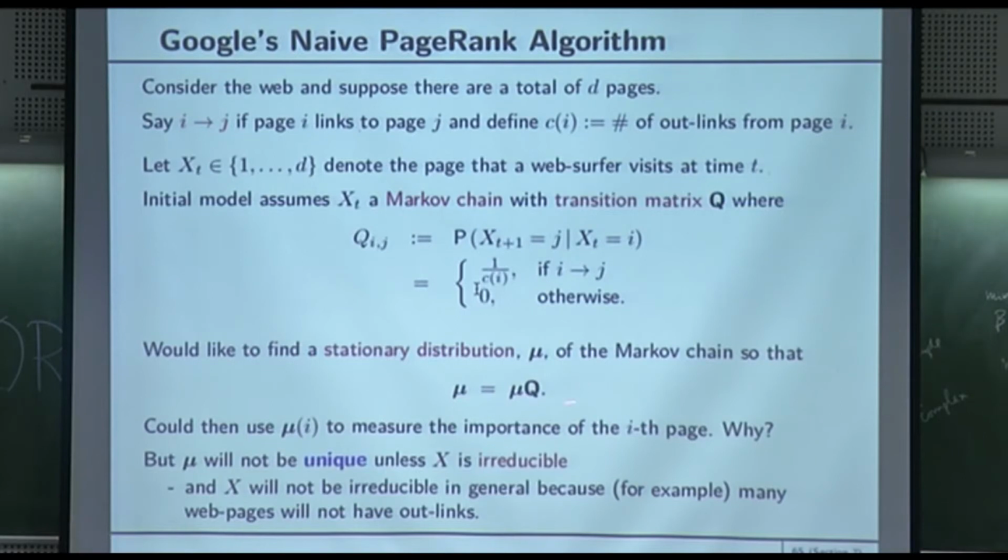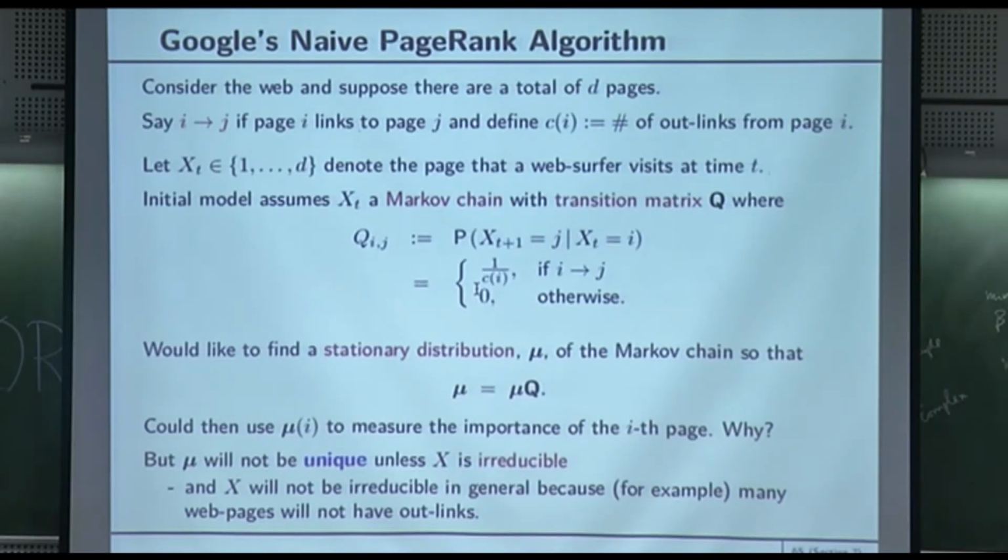So what does this stationary distribution essentially mean? Why do I think that the importance of page i could be given by the stationary distribution mu? So let's try to understand. There are other issues, such as that it may not be unique if the chain is not irreducible. But let's say for the moment we give up on those issues; we'll figure out what to do with them. Let's try to understand why finding the stationary distribution might be a good idea.